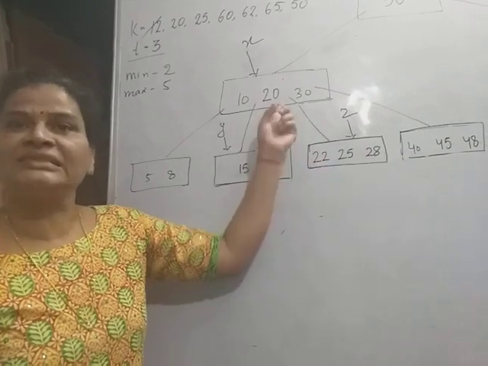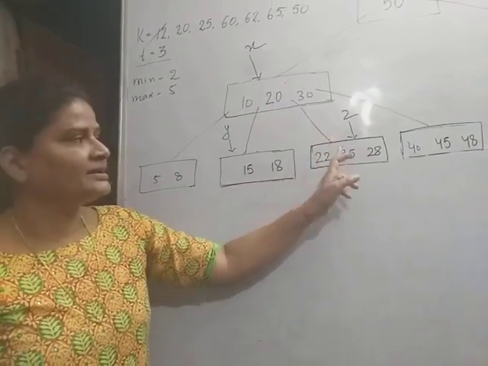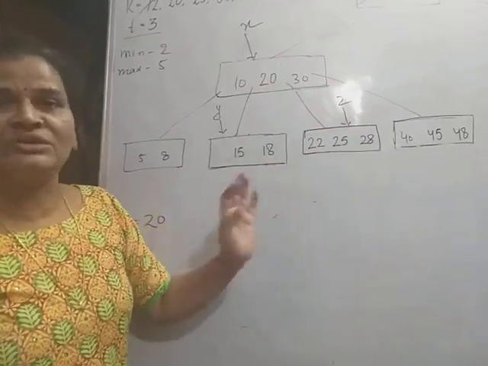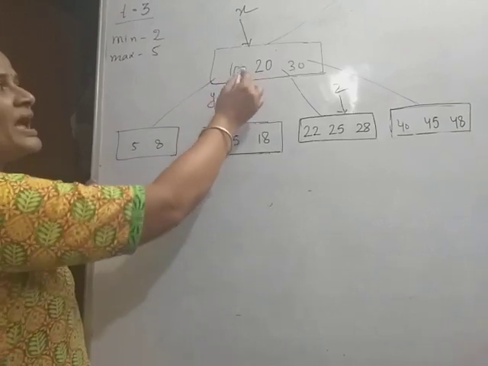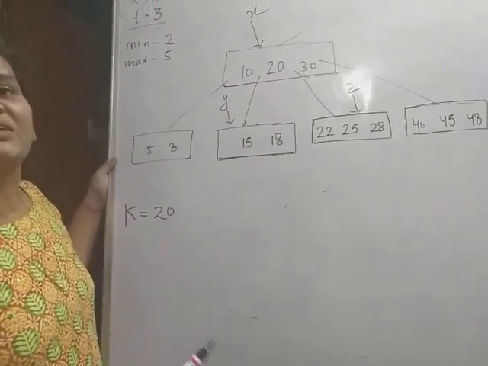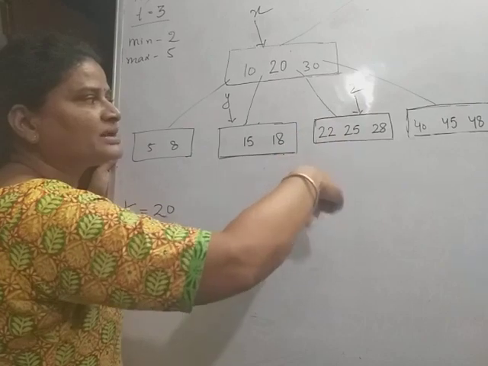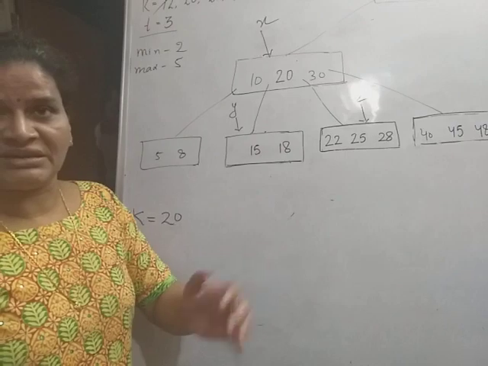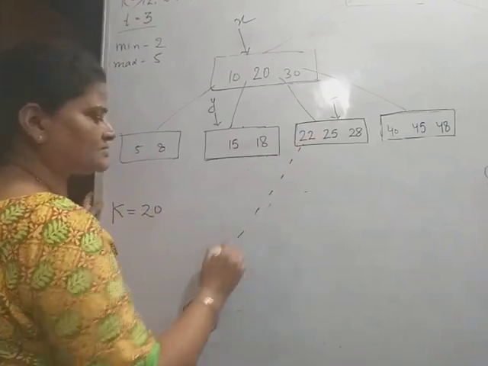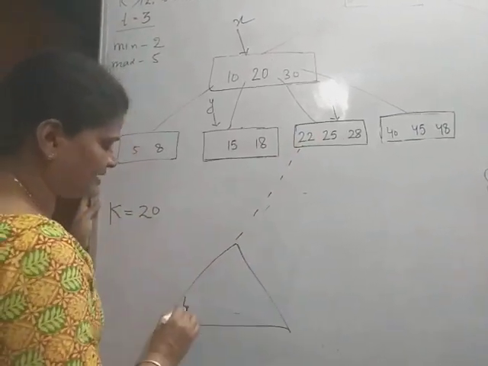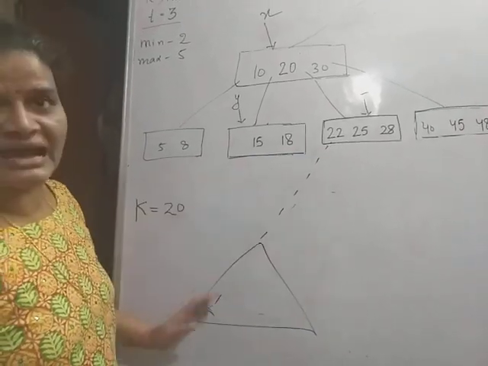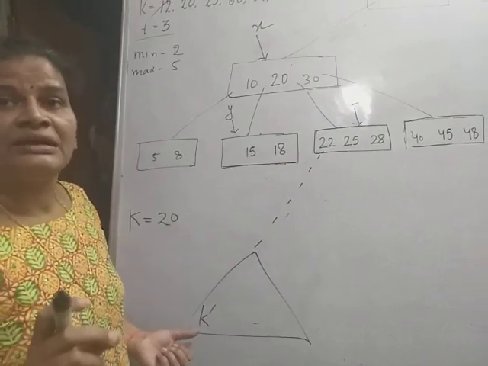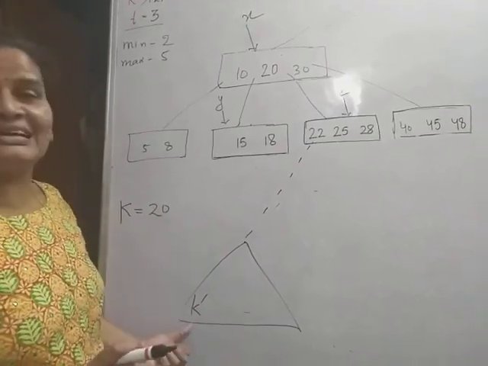This is the third case, part b, where the tree that follows 20 has t keys. So K is 20, and we have to find the immediate successor of 20 in the subtree rooted at Z. Here there is only one leaf node, but there may be a number of levels. Somewhere there we get K dash. Suppose the height of the tree is more; in that case the immediate successor of 20 is K dash.